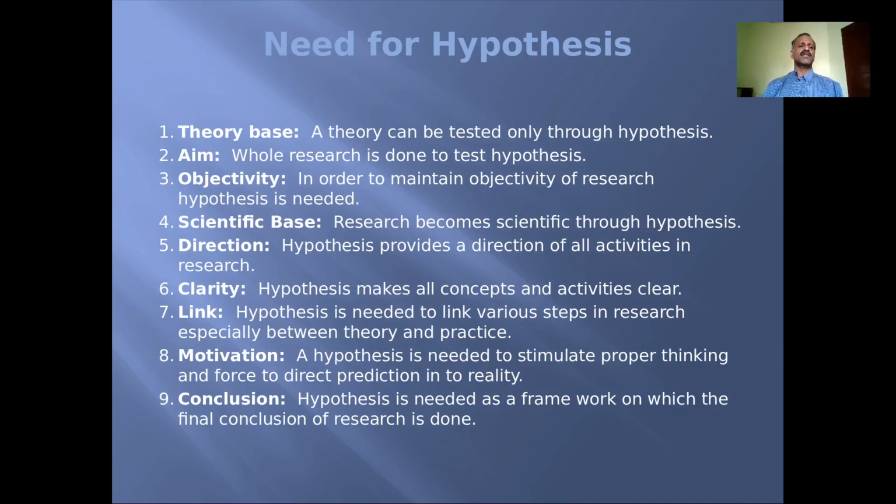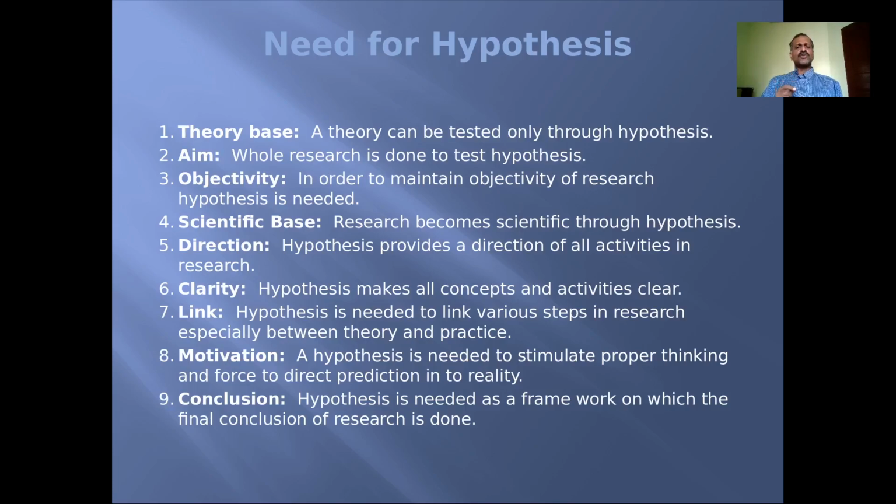The second thing is the aim. The whole research is done to test the hypothesis, as I mentioned. The ultimate function of the whole research is that finally we can say that my hypothesis is right, or my hypothesis is wrong. Now the third is, it gives objectivity to the research study.